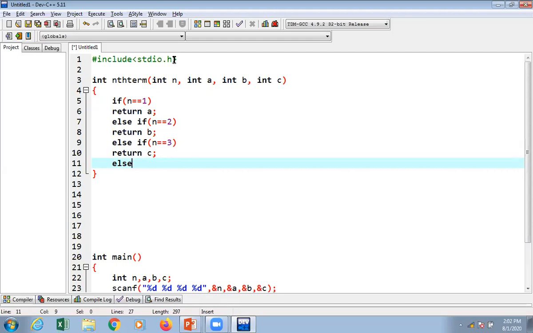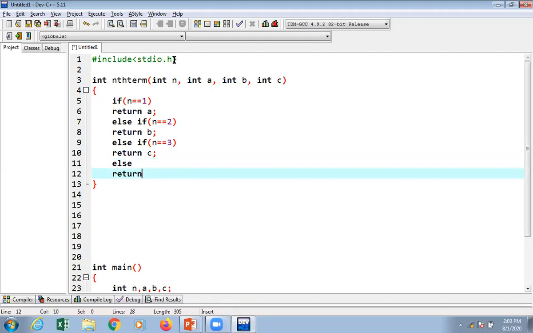What we'll be doing in that case, we'll be simply writing a recursive function. Then we have to call nth term, and we'll be writing n minus 1, a, comma, b, comma, c, plus, means whatever is the term, we have to go to the previous three terms.